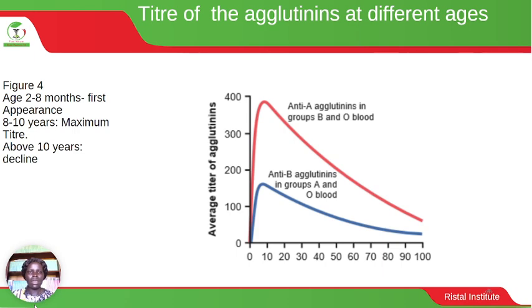The blue line stands for anti-B agglutinins in group A blood, and the red one is anti-A agglutinins in group B blood. You can see that at first both of them rise until the person reaches 10 years, then they start dropping slowly.